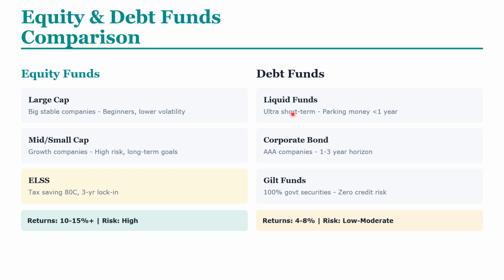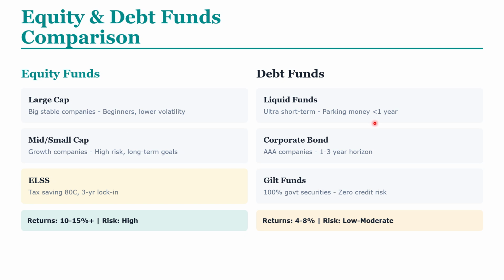Whereas liquid funds, corporate bond funds, gilt funds, etc. are various types of debt funds, right? Now let's see liquid funds. These are ultra short-term funds for parking your money. Here you can withdraw the money without any penalty, even within weeks.